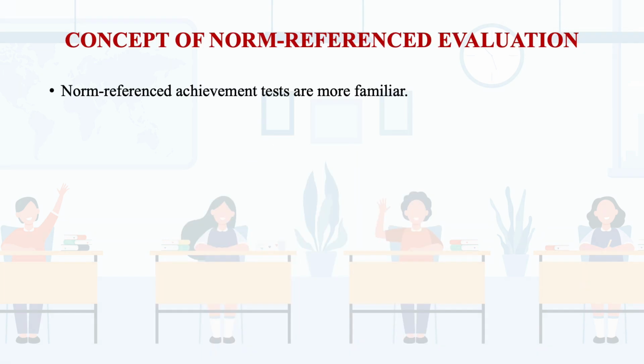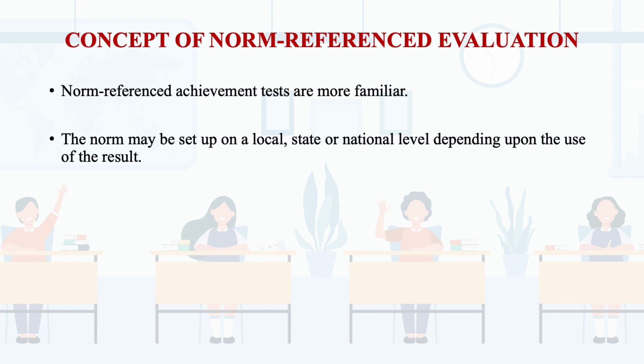The other concept relating to norm referenced evaluation is that norm referenced achievement tests are more familiar and highly used in the schooling system. Further, a norm may be set up at a local level, state level or national level. You can fix a norm at the local level, at the district level, at the state level, or at the national level.